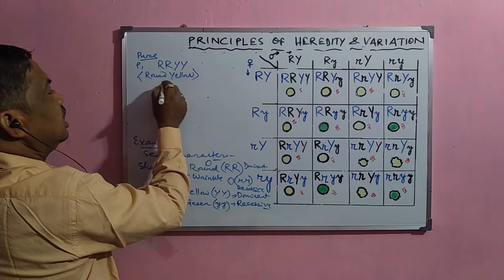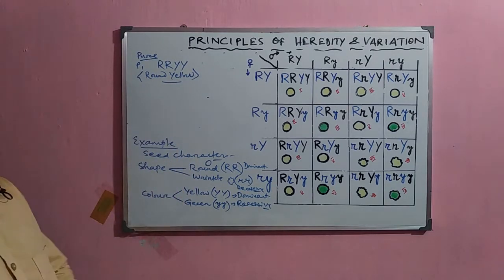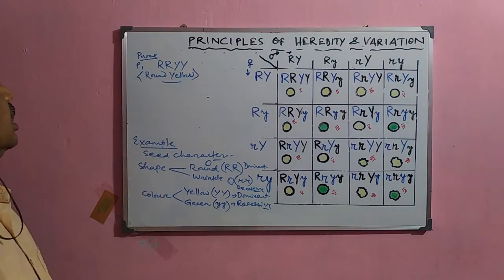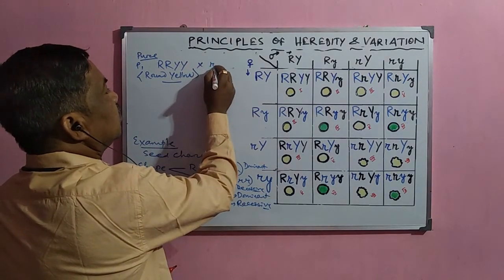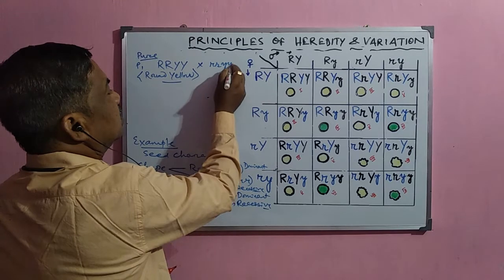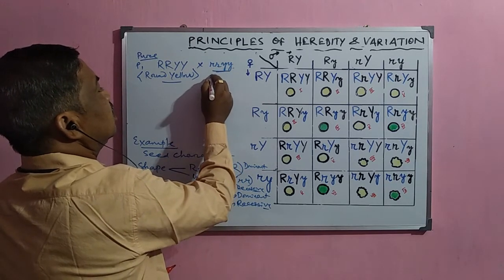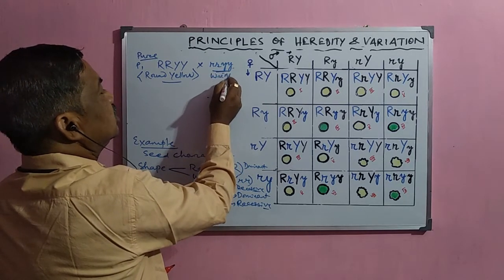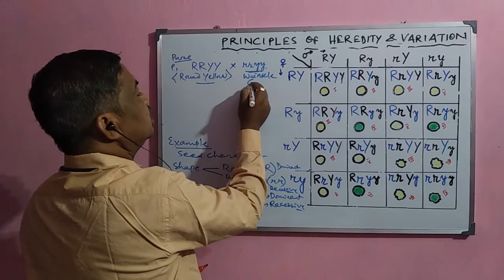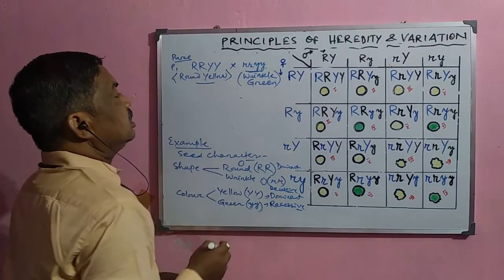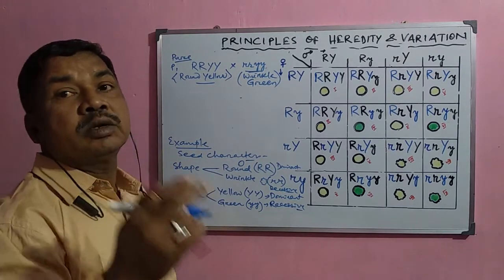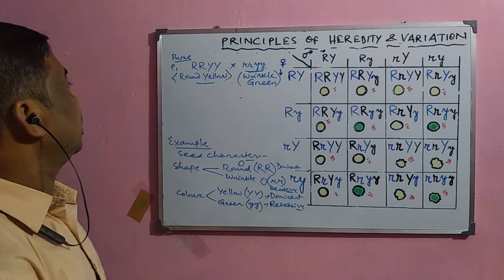The plants having round yellow seeds are taken as the dominant parent, and the recessive parent is small r, small y, the wrinkled green type. These are the two parents which he took first.